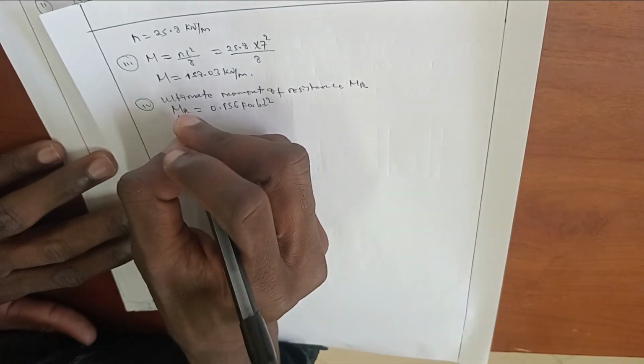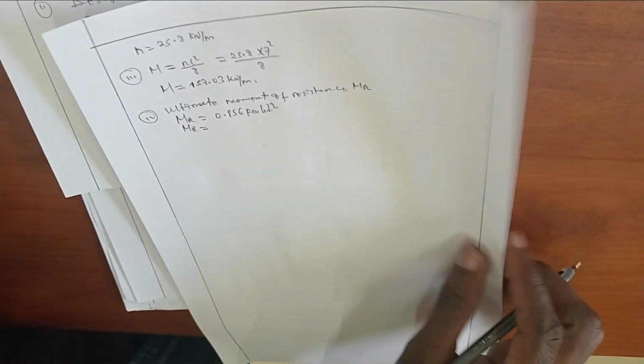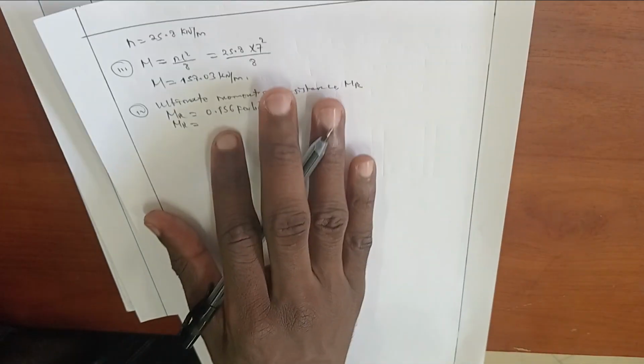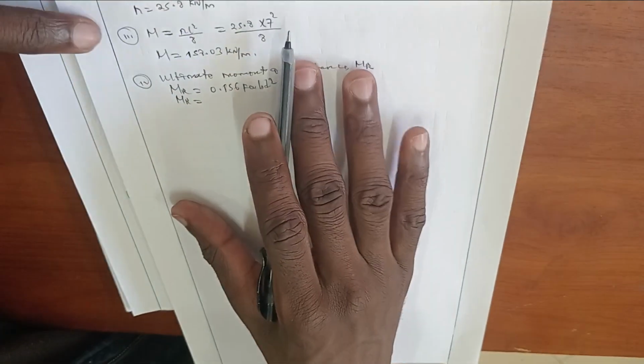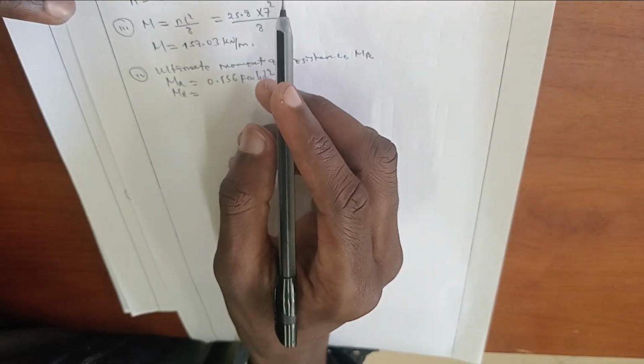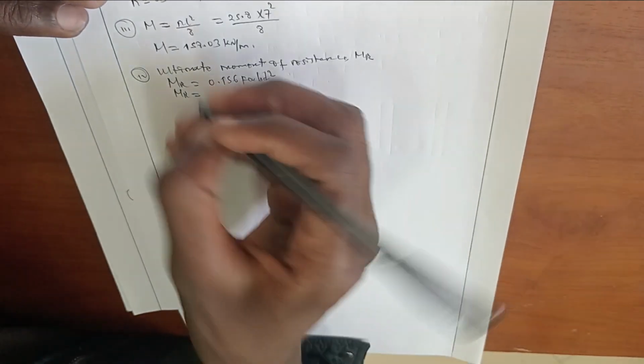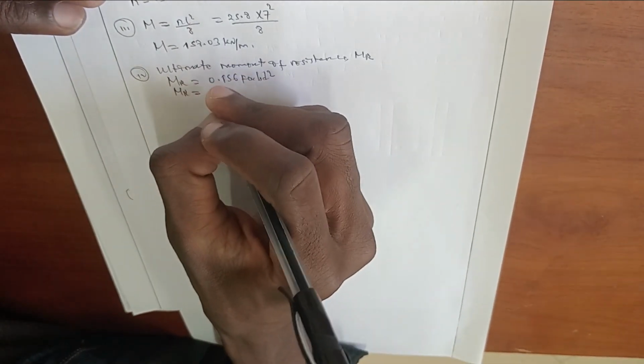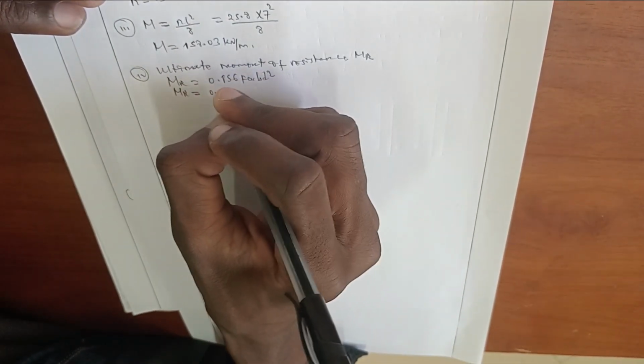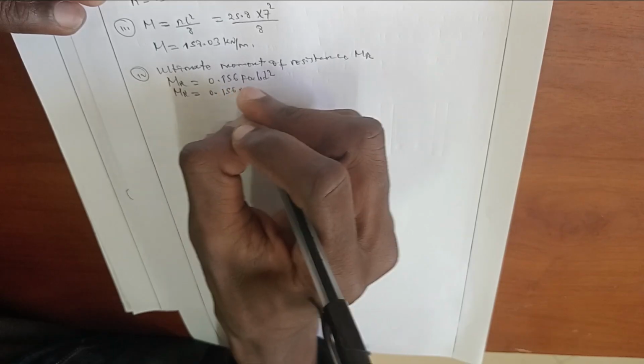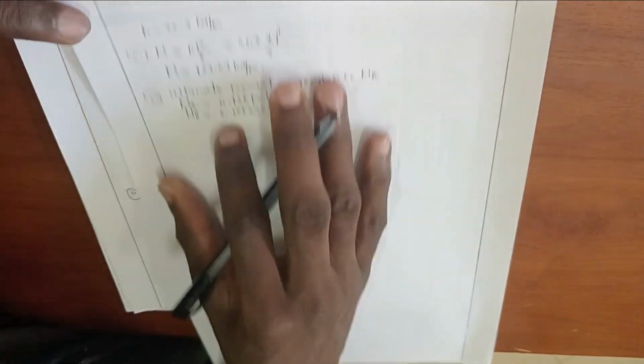Now, in our problem we are given fcu, which is the concrete strength, was 30. So the ultimate moment of resistance will be 0.156 times fcu, which is 30, times b d square.